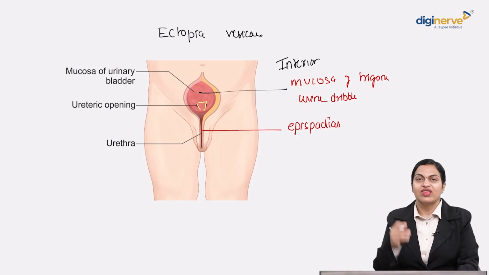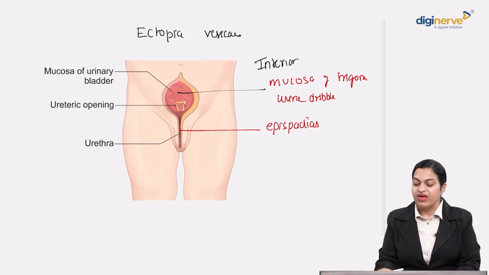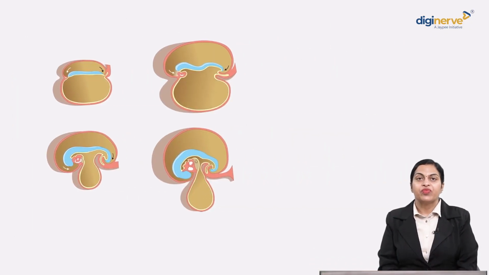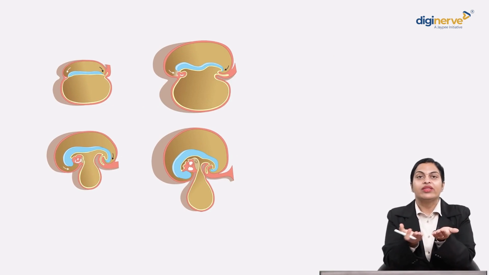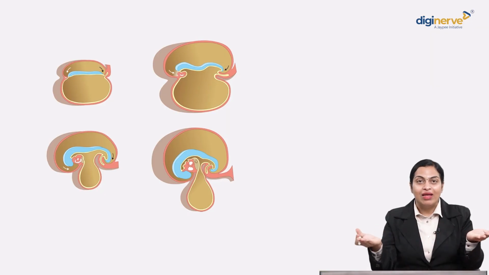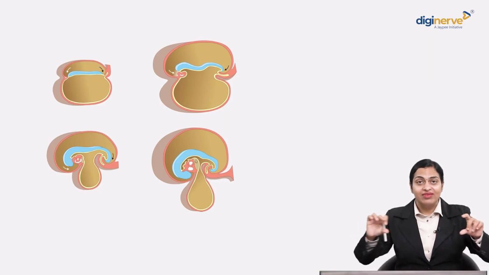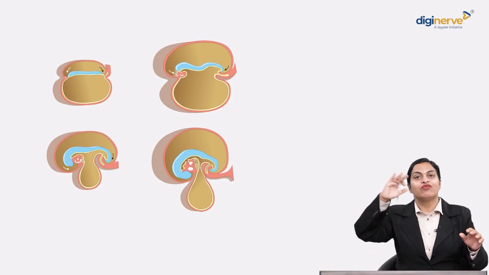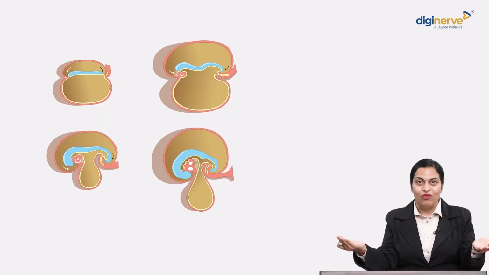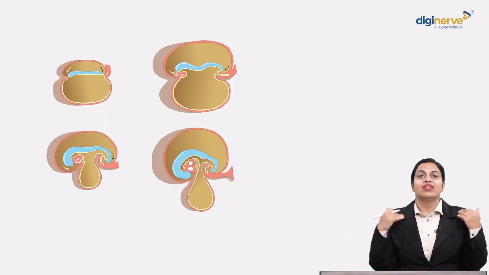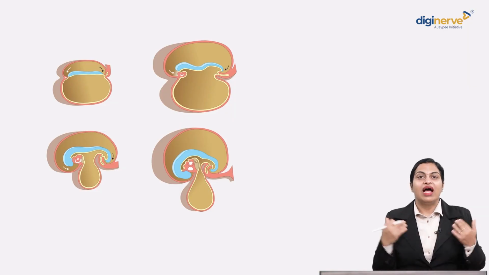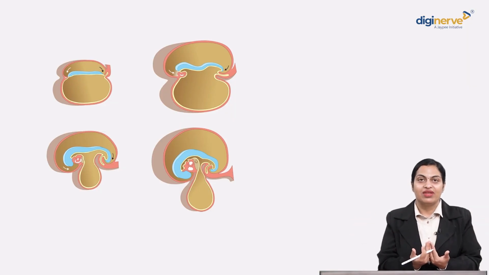So what is the reason for this? What is the embryological basis for ectopia vesicae or exstrophy of the bladder? Initially, the embryo is in the form of a bilaminar germ disc, then a trilaminar germ disc, and then it forms the head fold and tail fold, and finally the lateral folds. The lateral folds fuse in the midline.